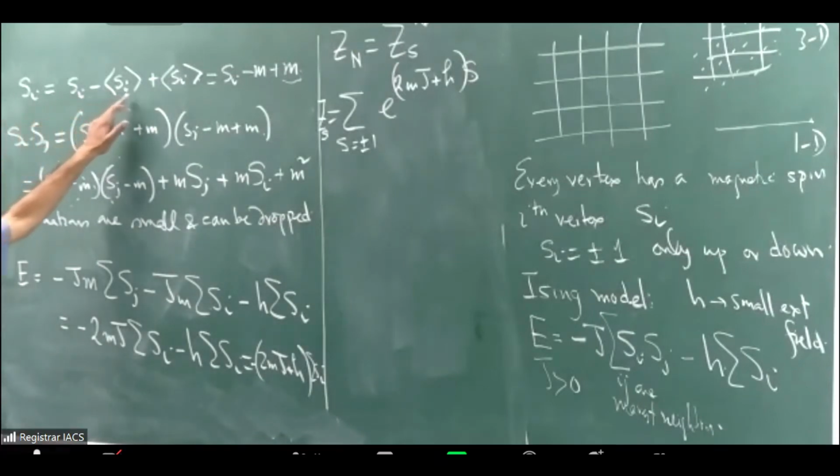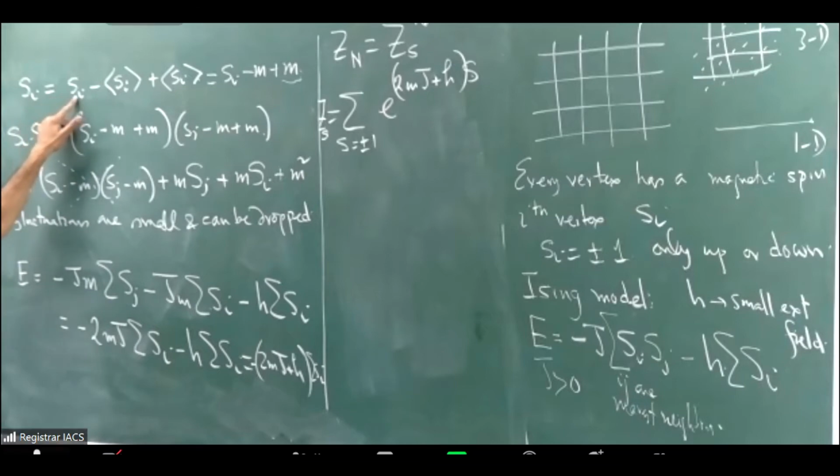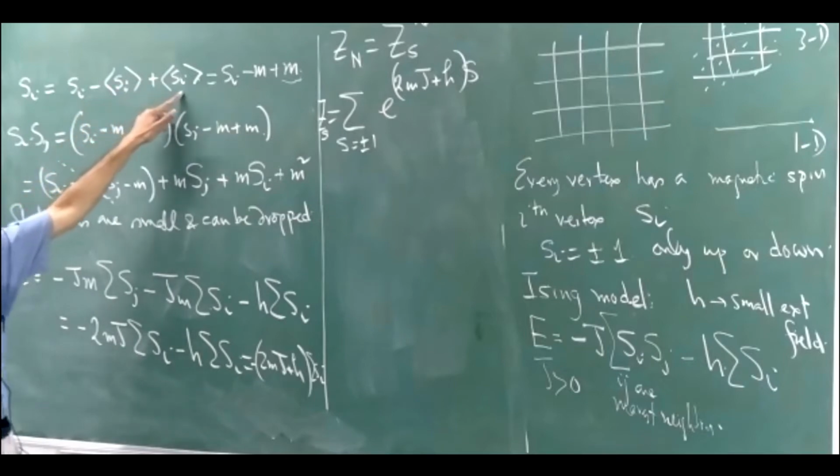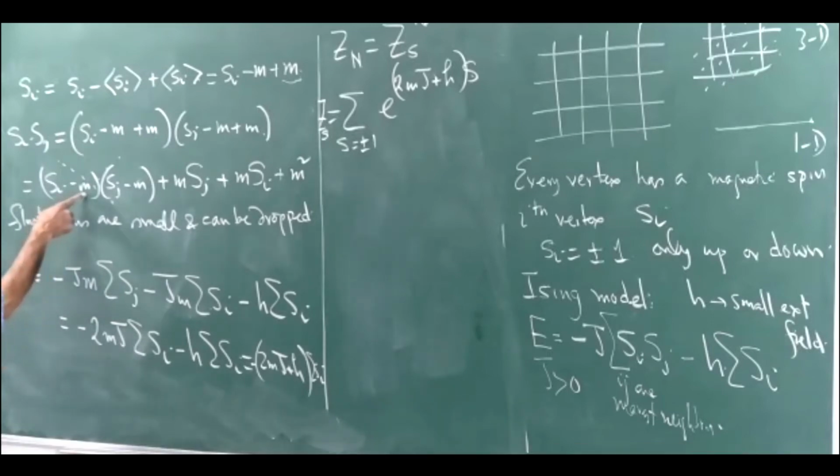Si minus Si average is just the local fluctuation. The local Si is broken up as Si minus the mean value of Si, plus the mean value of Si. Are you asking about how the mean value of Si is calculated? The mean value of Si has to be over all sites and is the same for all sites. So average Si is finally this M over here.